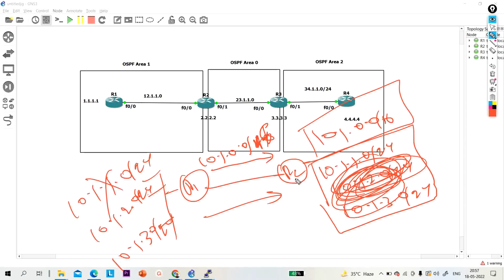Router 2 will only generate a query message when all the networks go down on router 1, because now there is only one network. Am I right? Yes. So the benefit of summarization is to stop sending query messages, and to reduce the size of the topology table and routing table.